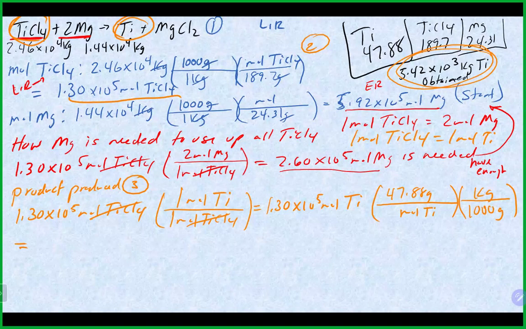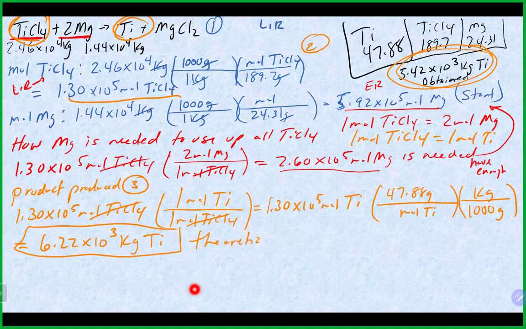So we're going to take 1.3 times 10 to the fifth times 47.88, divided by 1,000. That's going to give us 6.22 times 10 to the 3 kilograms of Ti. This would be our theoretical yield.